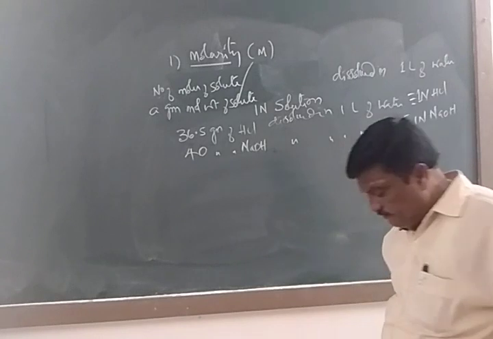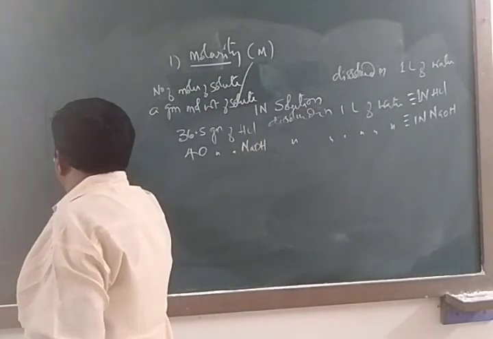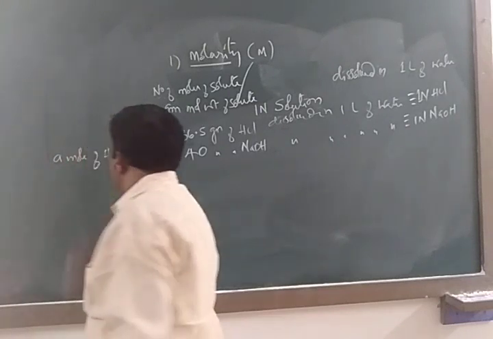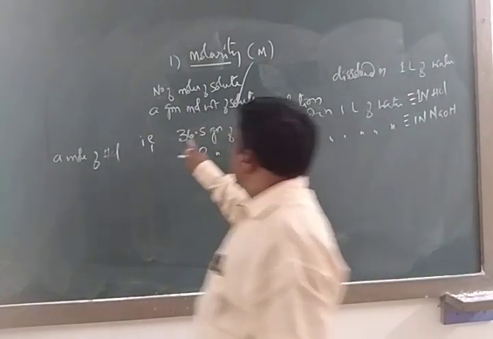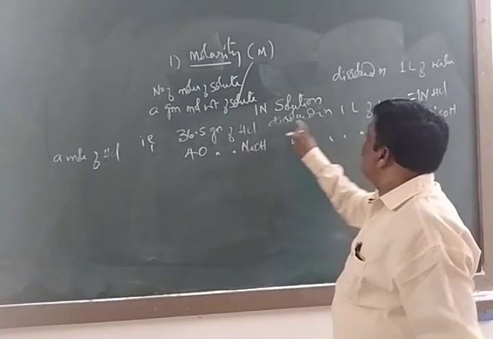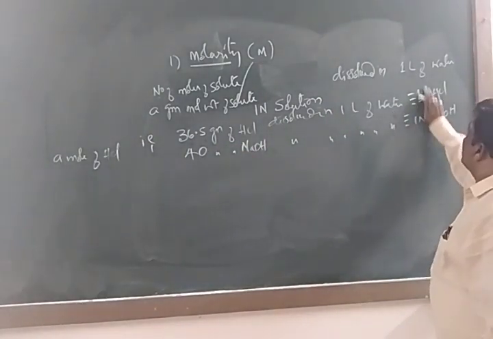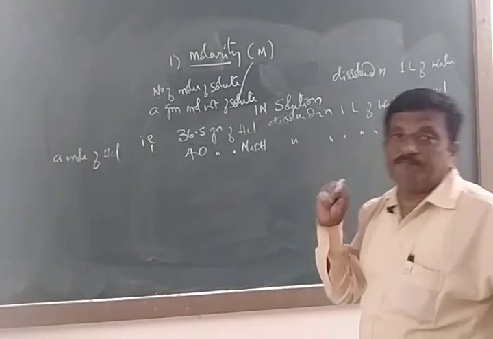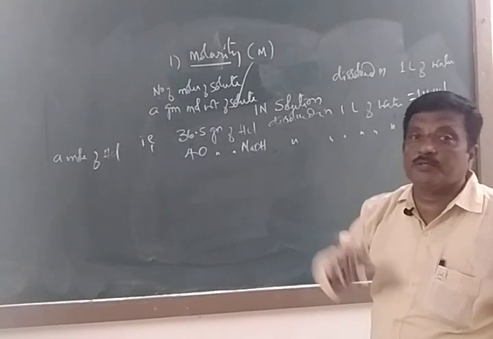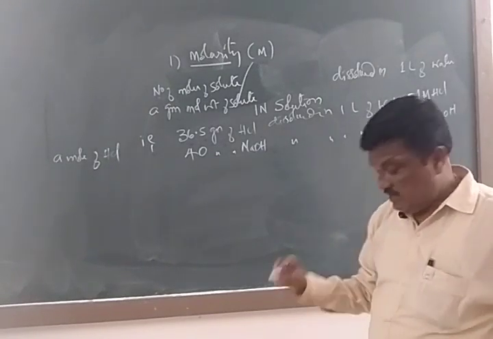For example, a mole of HCl, that is 36.5 grams of HCl dissolved in 1 liter of water, is called a 1 molar HCl solution. Is it clear?